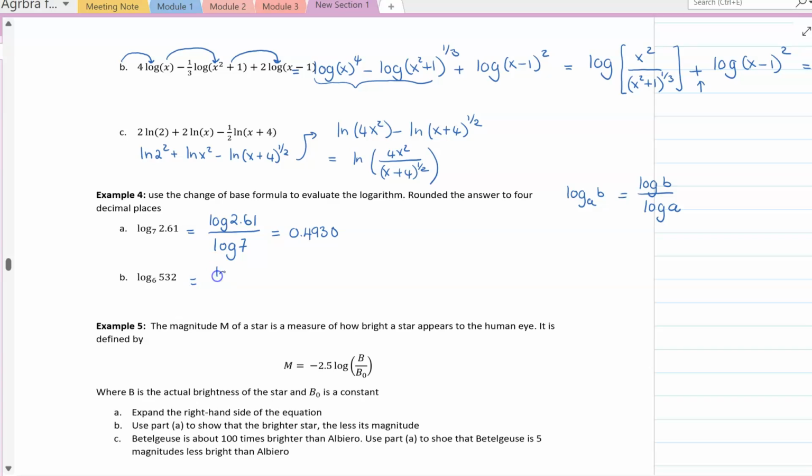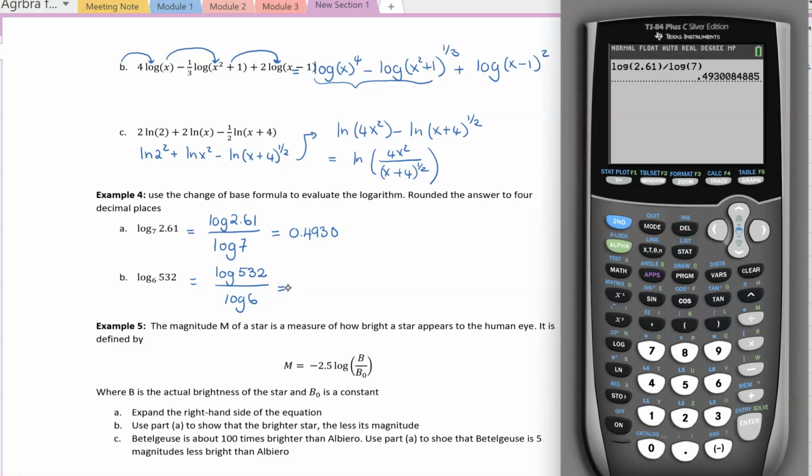Next one, I can rewrite this as log 532 divided by log of 6, and that is 3.5031, since we rounded to 4 decimal places.